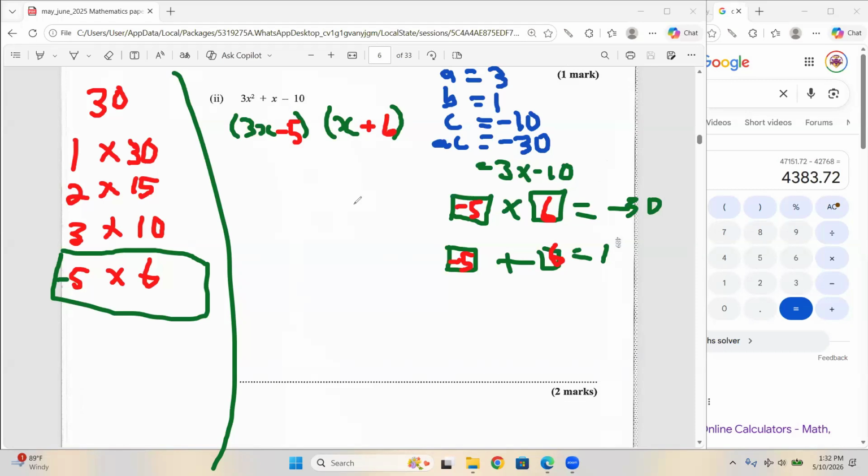Let me just make sure, right? Let me just double check something here. I have to be careful, so I'm just double checking to make sure, because that will give us back the 3x squared, right? If I multiply that by 18, I multiply that.